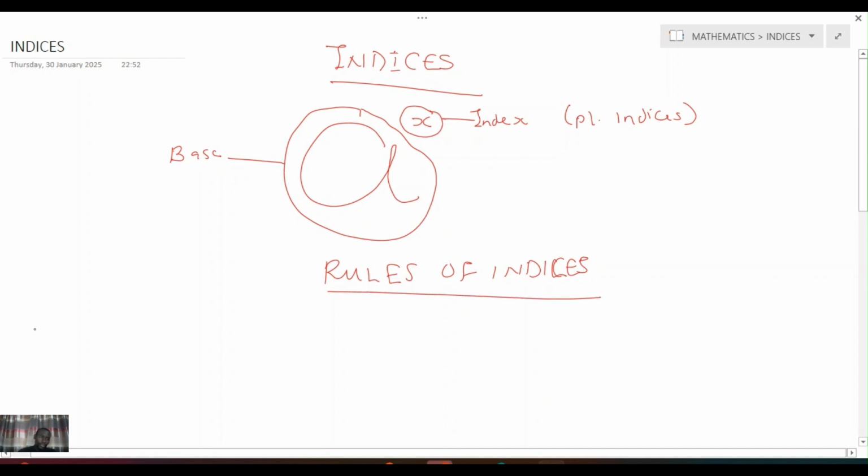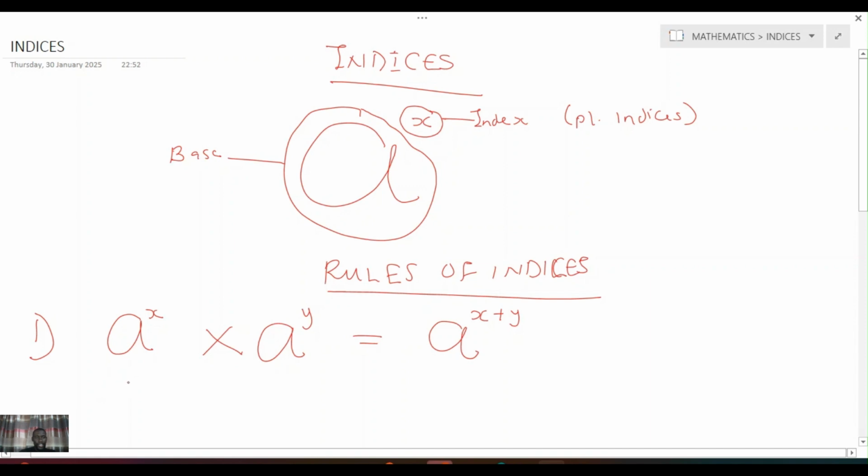Rule number one: when you have a number a raised to power x and that same number multiplied by itself raised to power y, this can be evaluated as a raised to power x plus y.